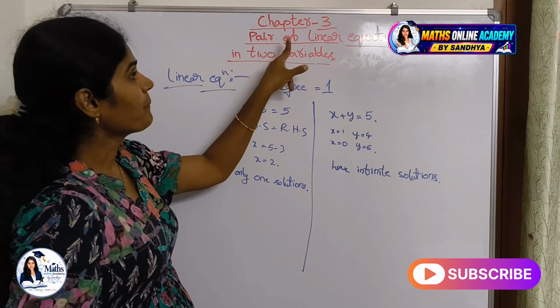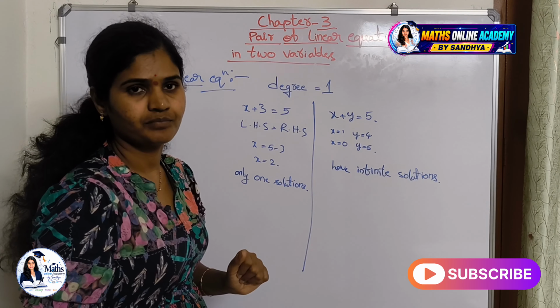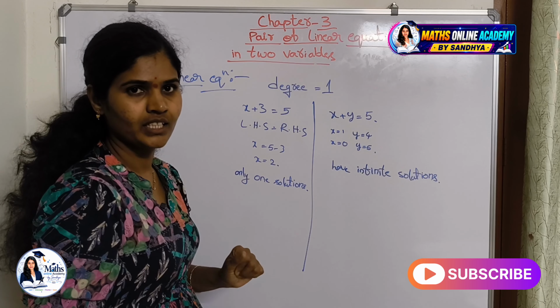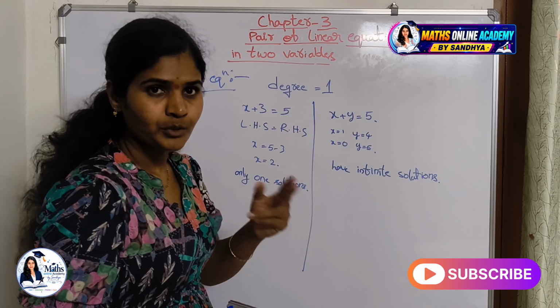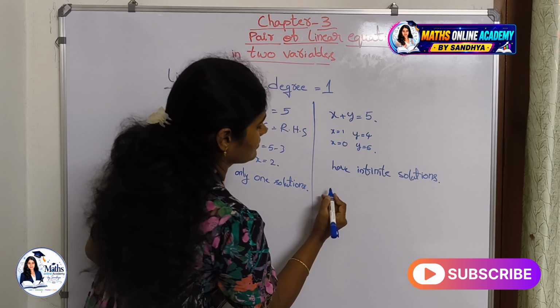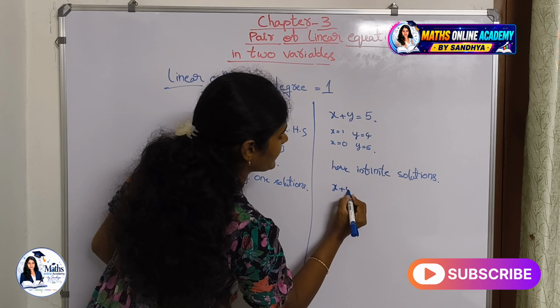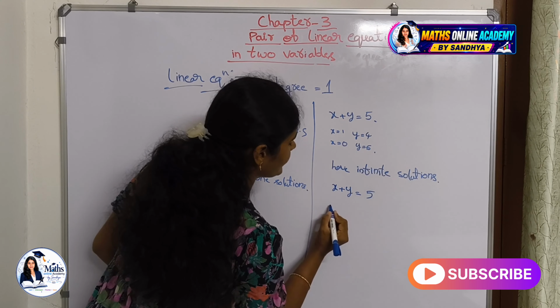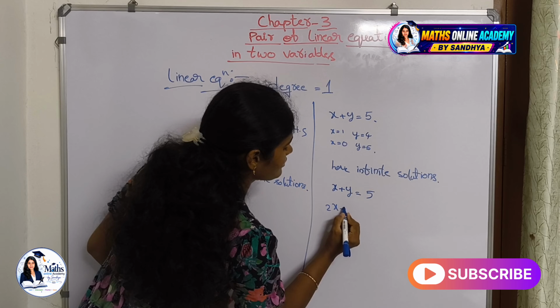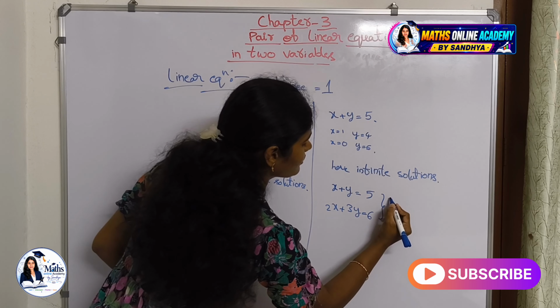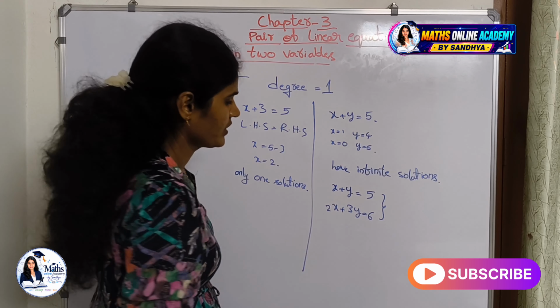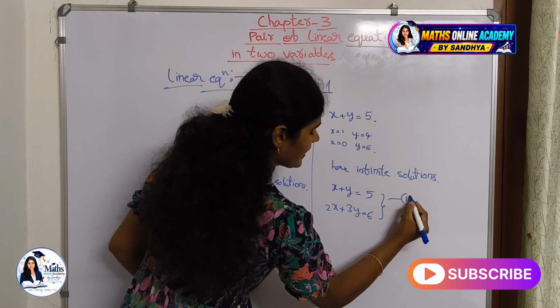And here, mentioning pair of linear equations. Okay. Pair of linear equations means 2. x + y = 5 and some 2x + 3y = 6. These two are called a pair. Pair means 2. This is 1 and this is 2.